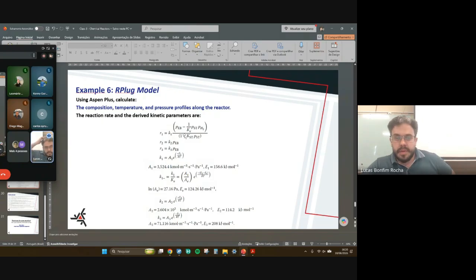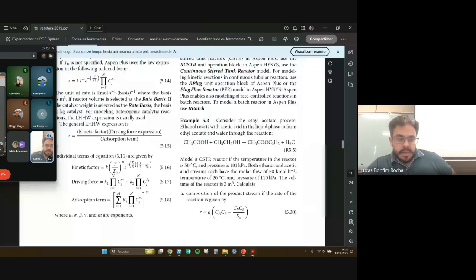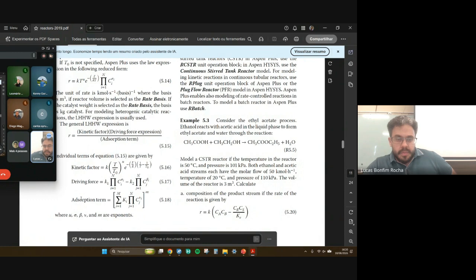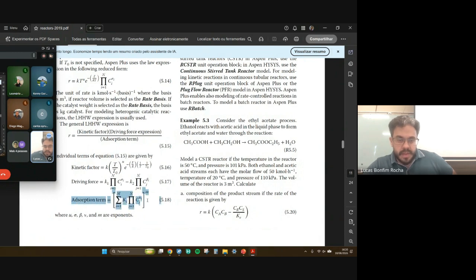And here we have this term in the denominator, which is the adsorption term. When you configure it in Aspen Plus, we must specify all the coefficients that we have. If we have a pressure or a concentration of reactants or products, its exponent as well.